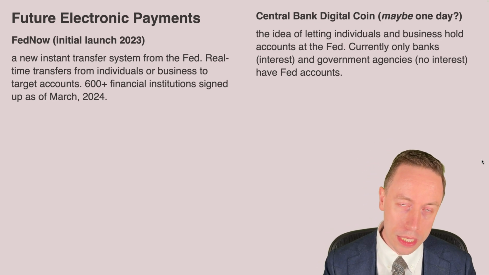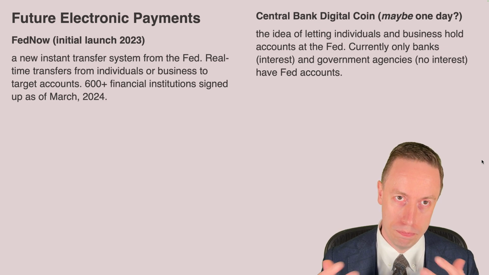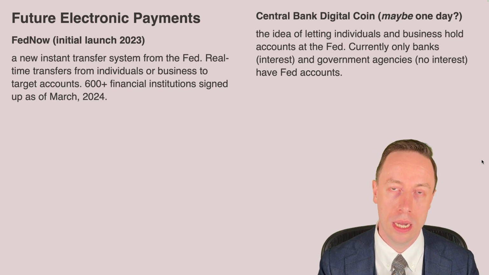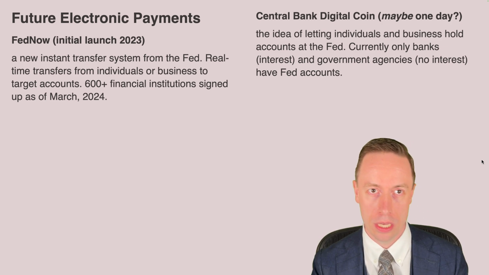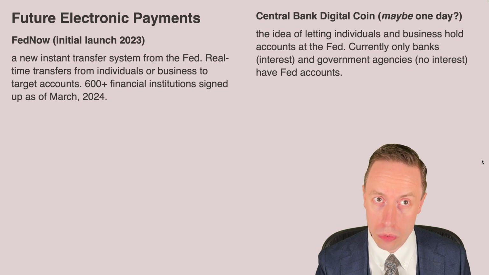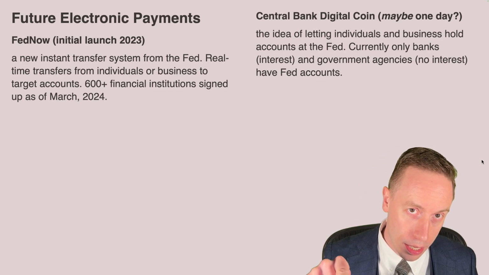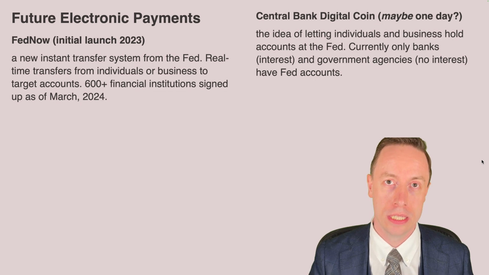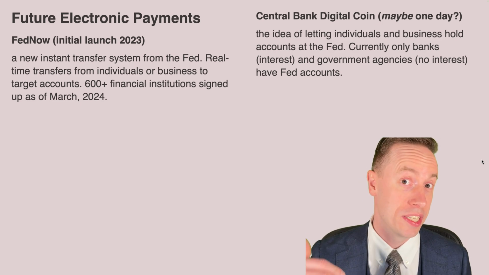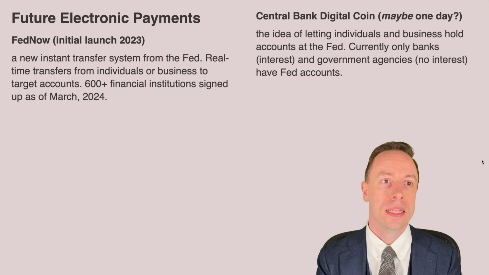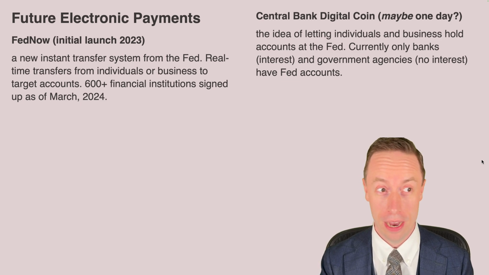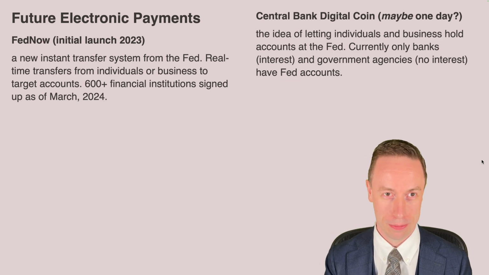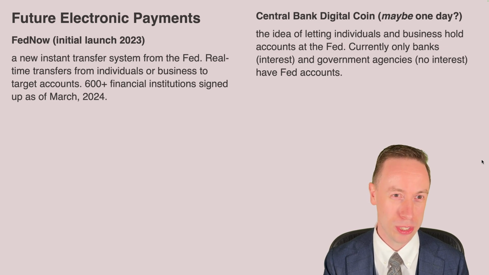FedNow is a new payment system sort of built using modern electronic communication tools that is instant. You know, hit the button on the phone, other person has got the funds in their account now, or maybe a second or 2 seconds later. Now, you've probably not yet had an opportunity to use it. If you have, I'd love to hear from you, because my credit union doesn't support it yet, but I'm looking forward to it.